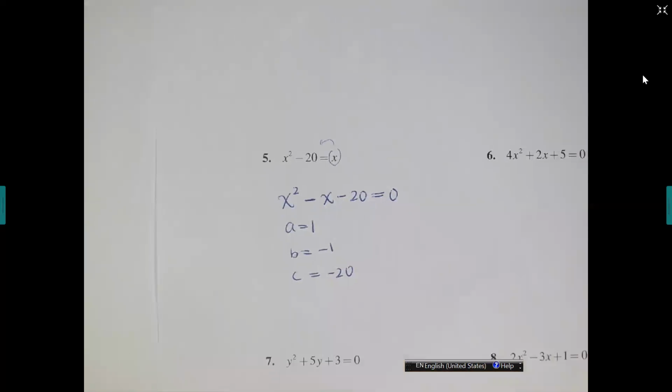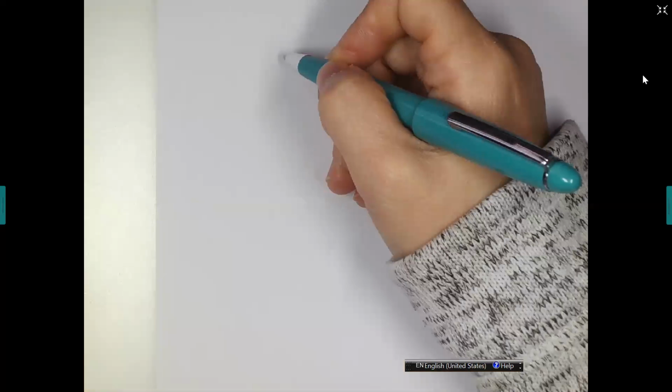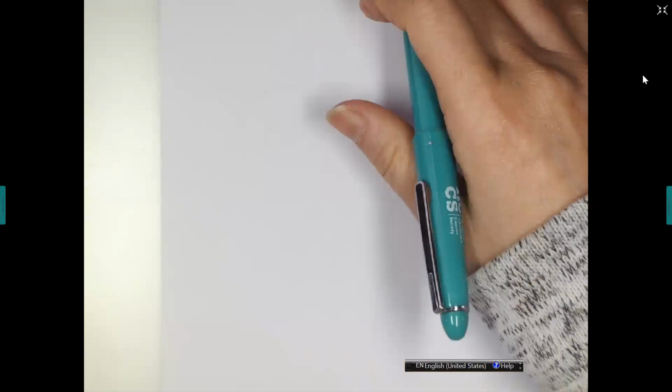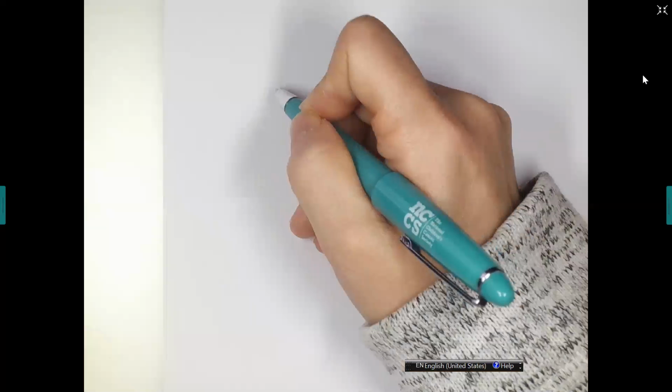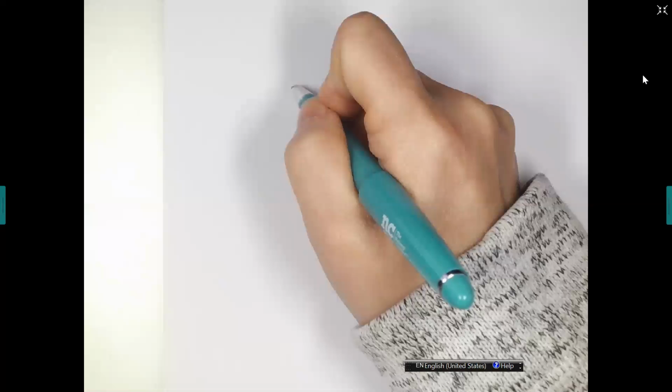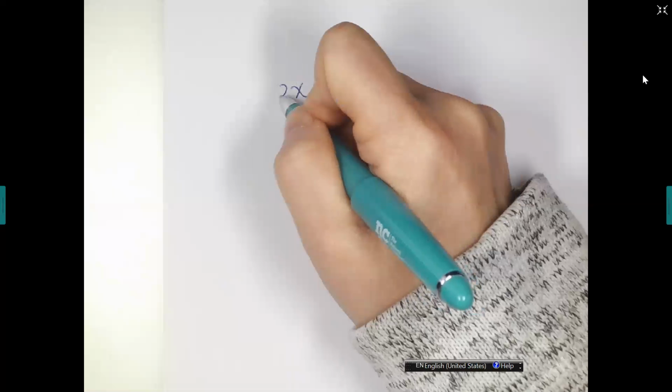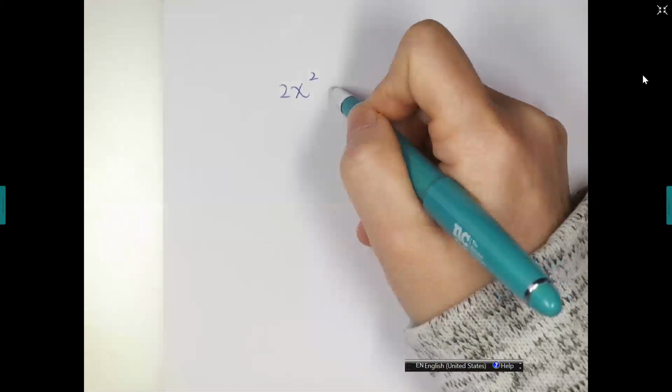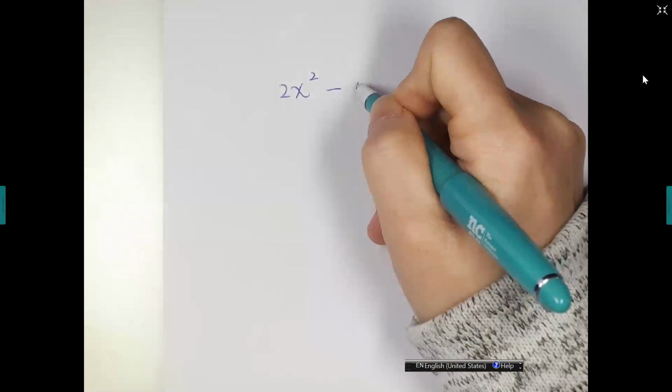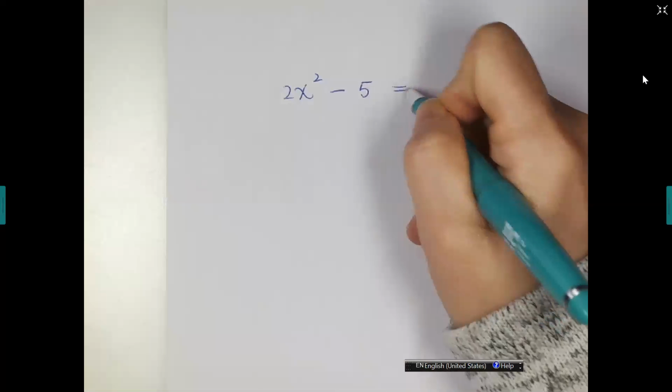Another example. If we want to use the quadratic formula, we are given this equation: 2x squared minus 5 equals 0.